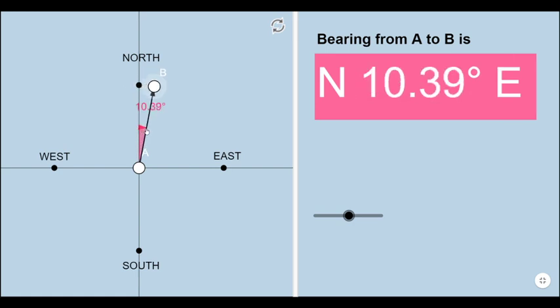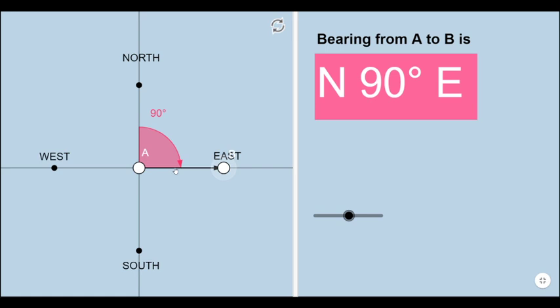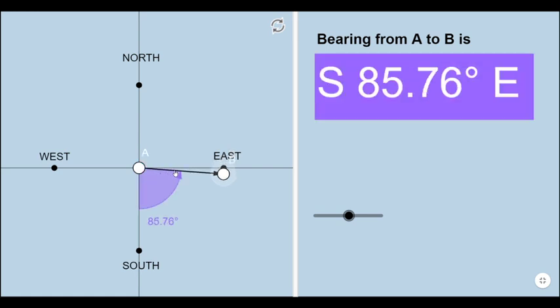Usually we talk about the north and the south first, then the east and the west. As I go down, we have all the way to 90, which is north 90 east.